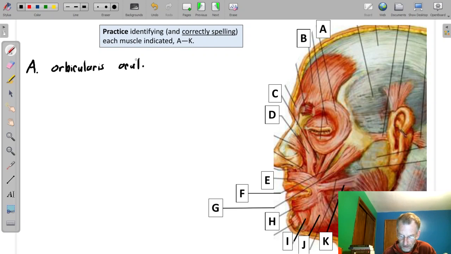Okay, so the Zygomaticus muscles, the Zygomaticus Major and Minor, let's do a few of these. So here's one. This is G, and here is F. So we have F and G. They're both going to the corners of the mouth. They're coming off of the zygoma, and they're going to be retracting the corners of the mouth. So F is the Zygomaticus minor.